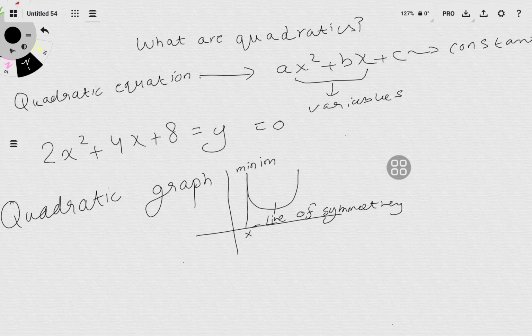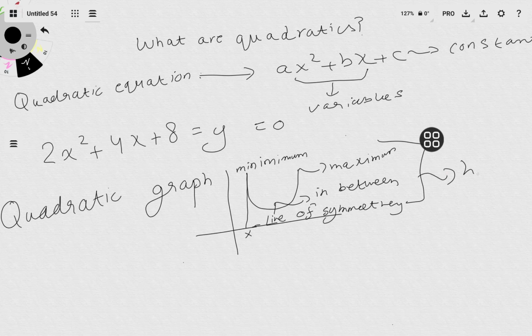So this is the minimum of this graph, and this is the maximum, and this is in between them. These all have different formulas.